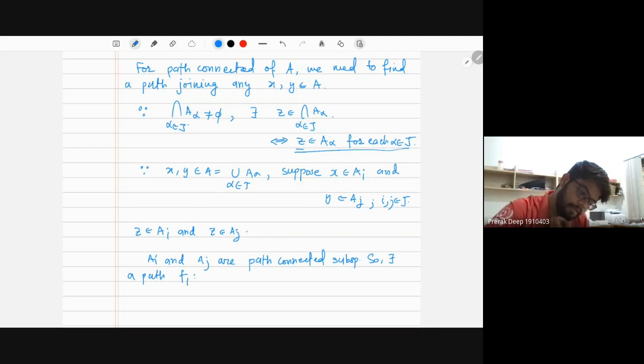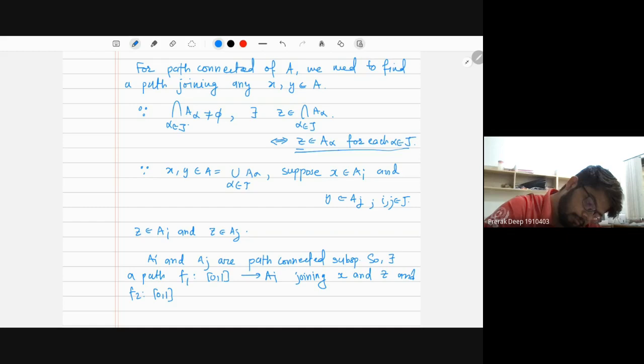f1 from 0 to 1 to ai, joining x and z, and f2 from 0 to 1 to aj, joining z and y.